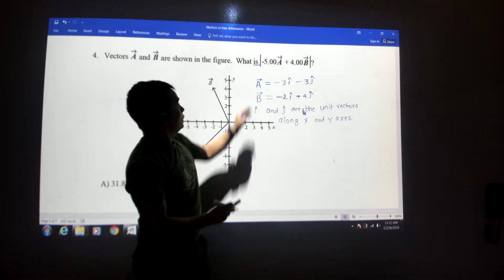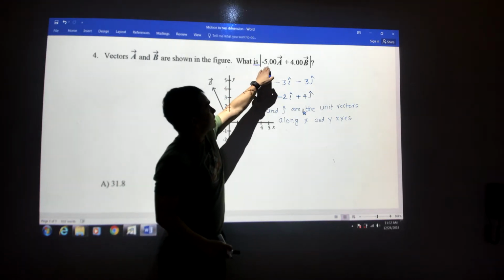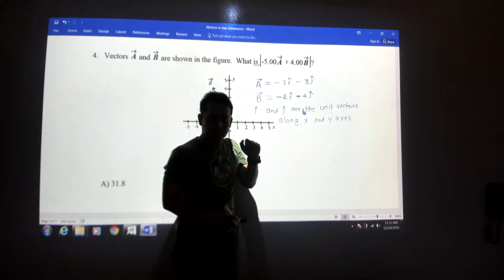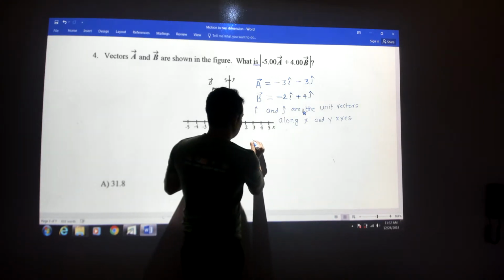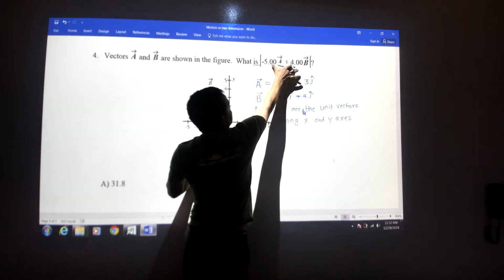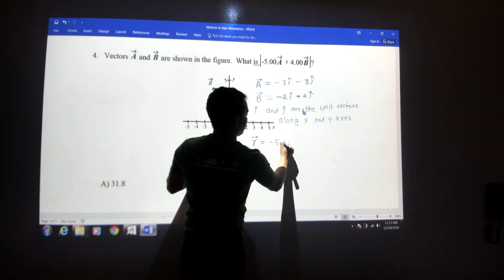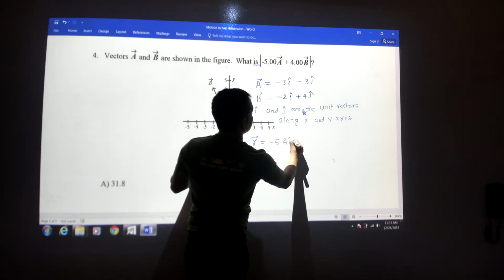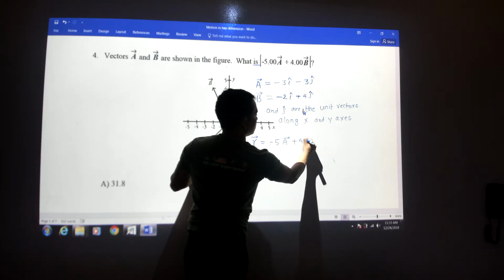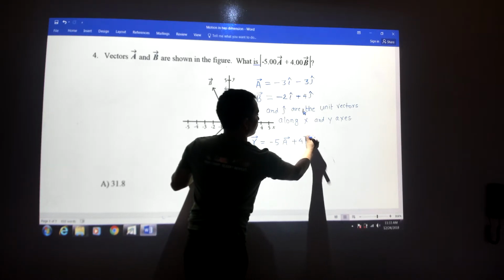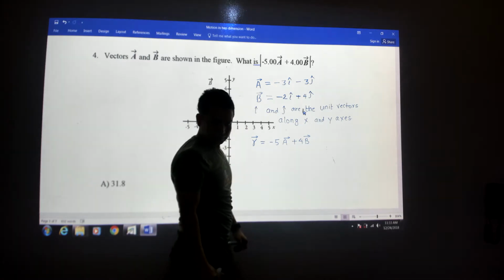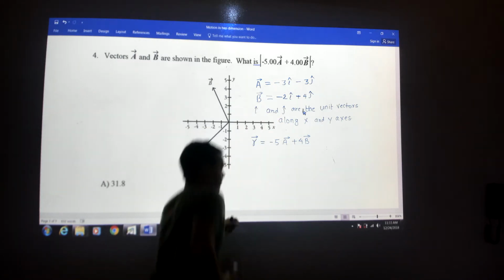Now, what I need to find is minus 5 a vector plus 4 b vector. Let's call that r vector. So r is minus 5 a vector plus 4 b vector. This is simple math now.